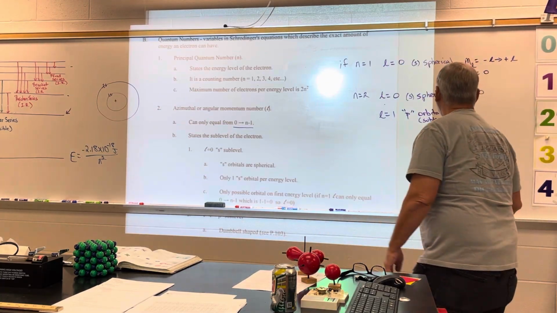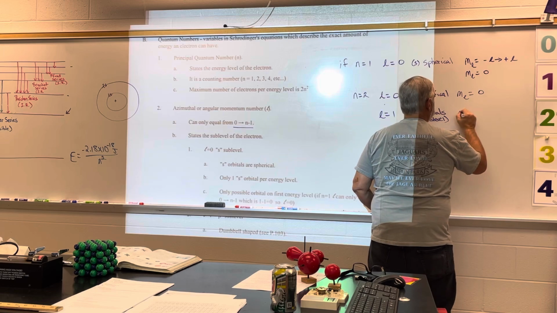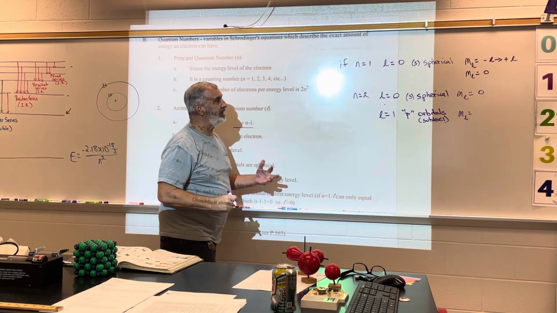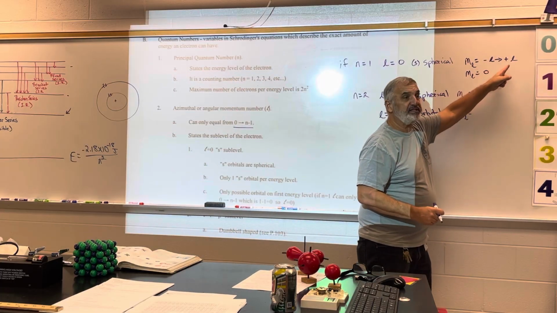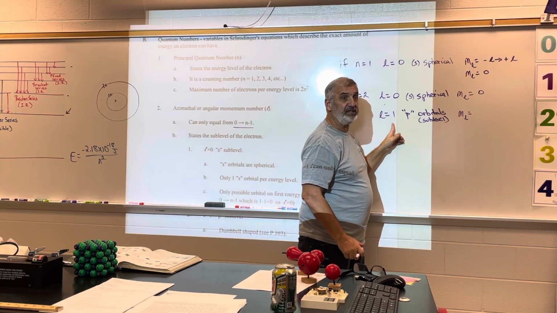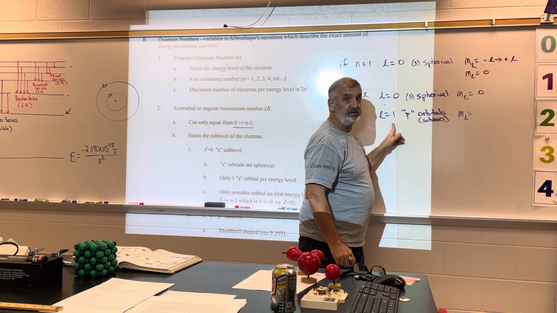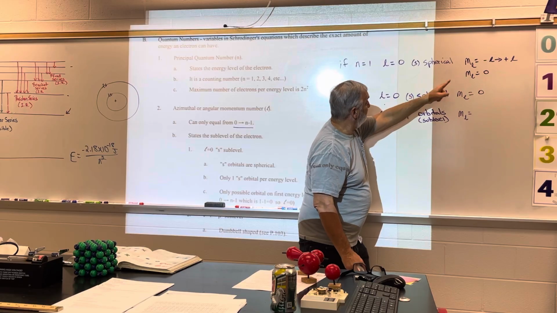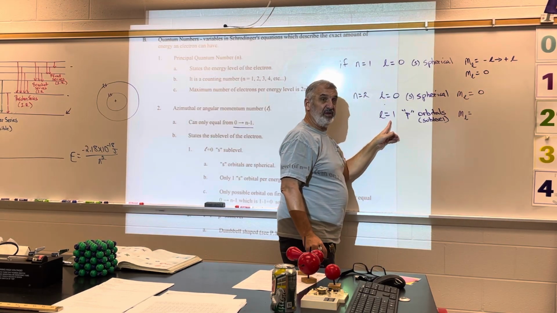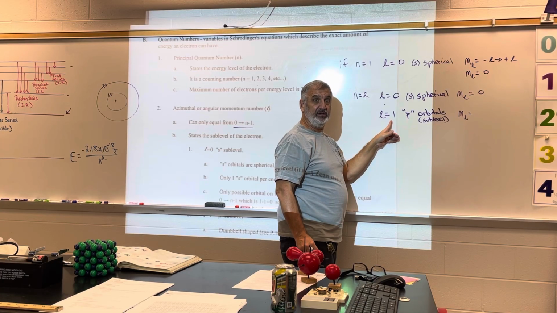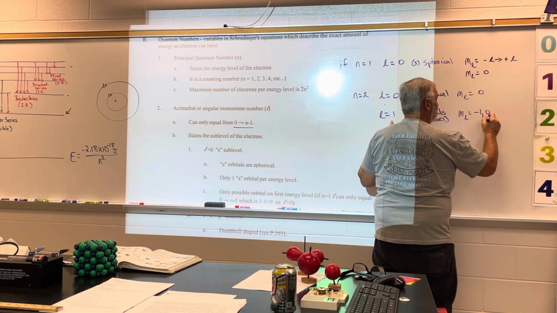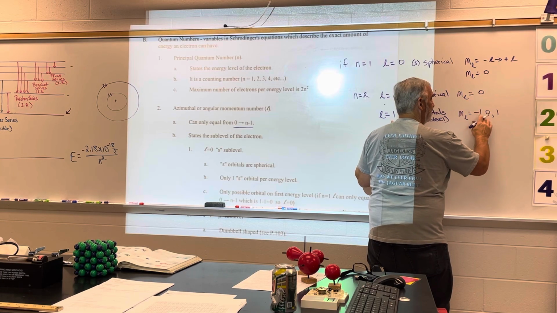This shows up in my M sub L. M sub L equals minus L to plus L. If L is equal to 1, what can M sub L equal? From minus L to plus L: negative 1, 0, and 1.